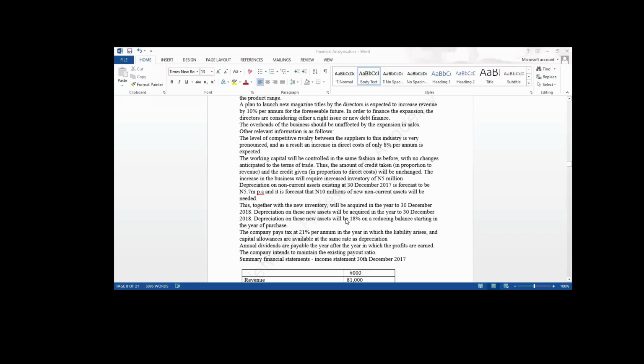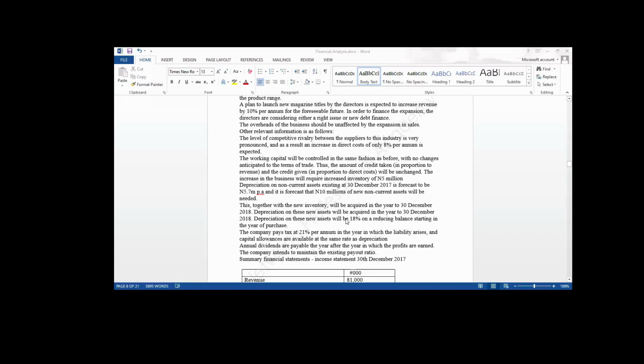Starting in the year of purchase, the company pays tax at 21% per annum in the year in which the liability arises. Please note that taxation is paid in the same year the liability arises.